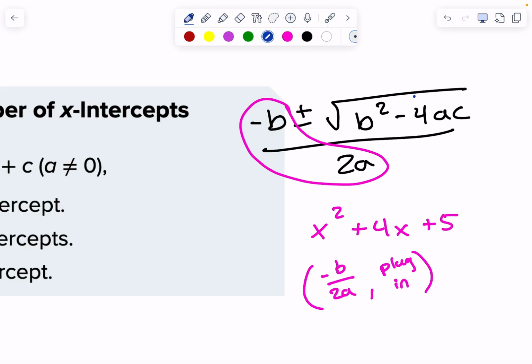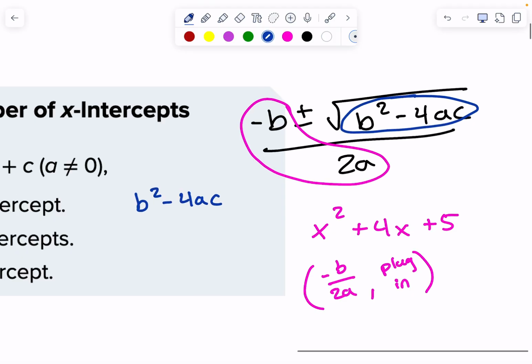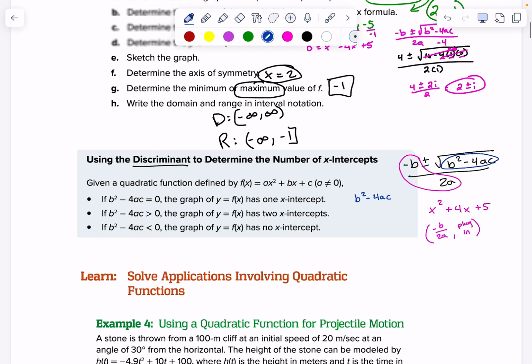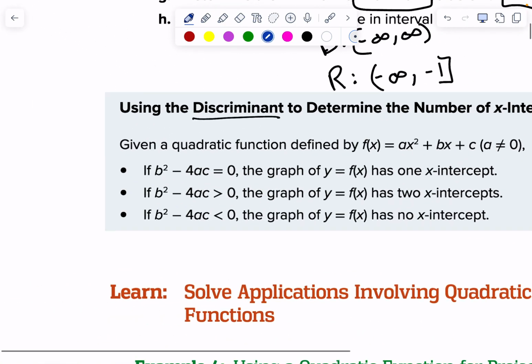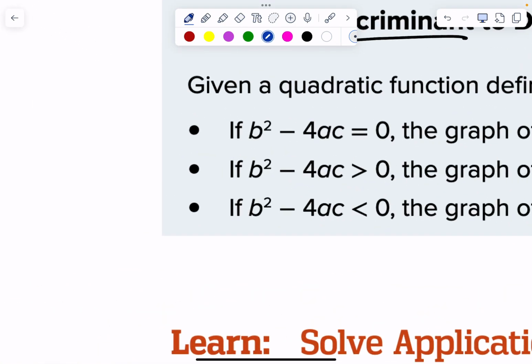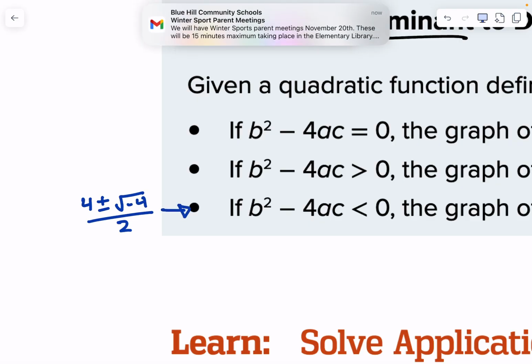Now, we've talked about this earlier in the year, b squared minus 4ac. What is that thing called? The discriminant, okay? Now, if that number inside there is negative, for example, down here on the bottom, if I have 4 plus minus the square root of negative 4 all over 2, this is telling me the zeros.